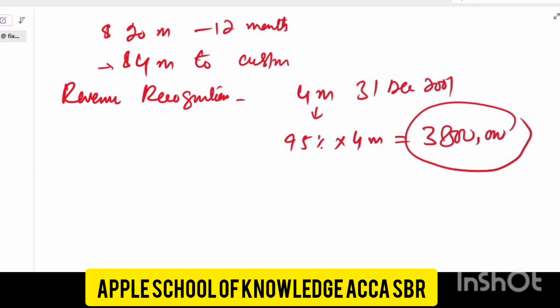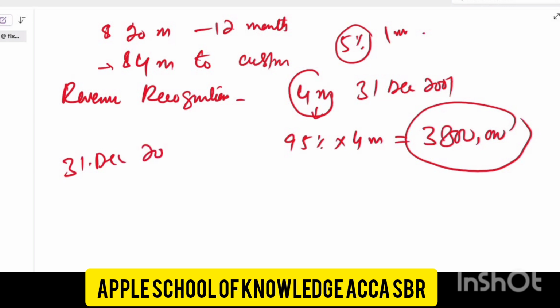So the 4 million is reduced by 5% because this 1 million payment is not for distinct goods or services. So the revenue recognized by Golden Gate for the year ending 31st December 2001 will be 3.8 million. Clear?